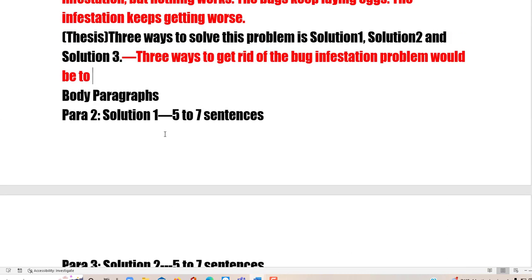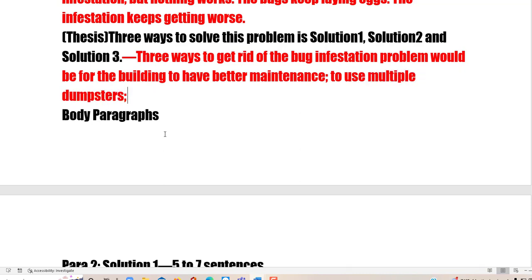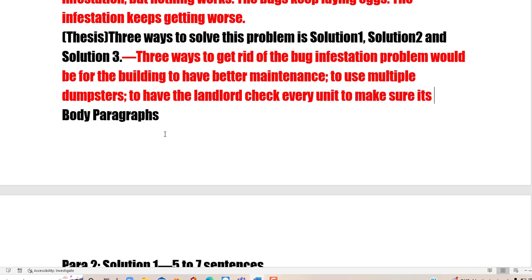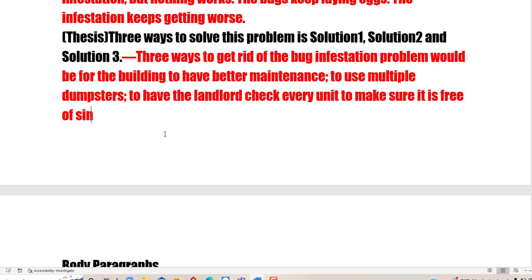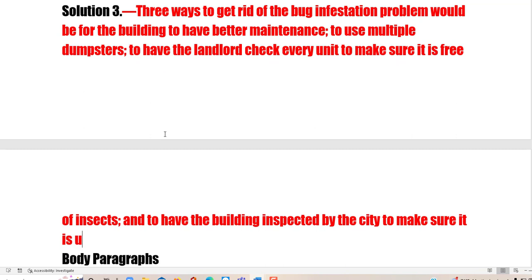So that means that the 3 solutions would be for the building to have better maintenance, to use multiple dumpsters, to have the landlord check every unit to make sure it is free of insects, and to have the building inspected by the city to make sure it is up to code.